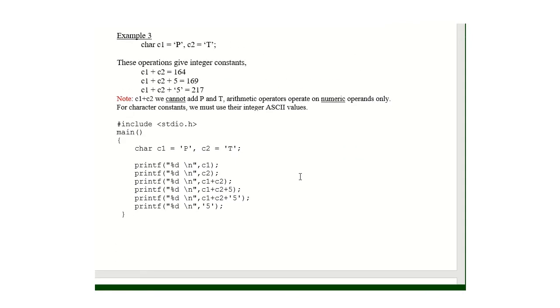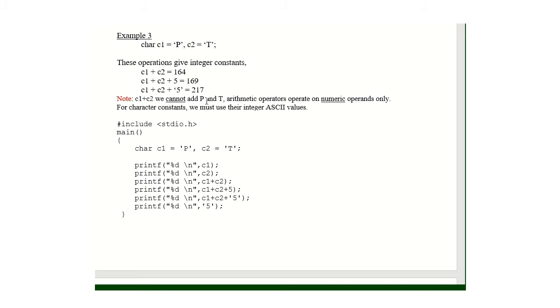Next, example 3. We have 2 character variables, C1 and C2, with initial values. The following arithmetic operations involving C1 and C2 will produce the following integer constants.